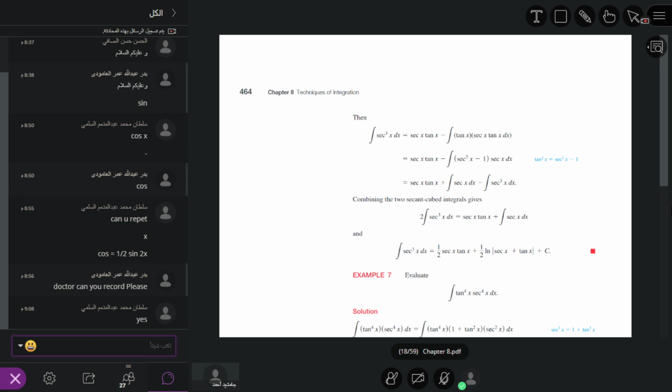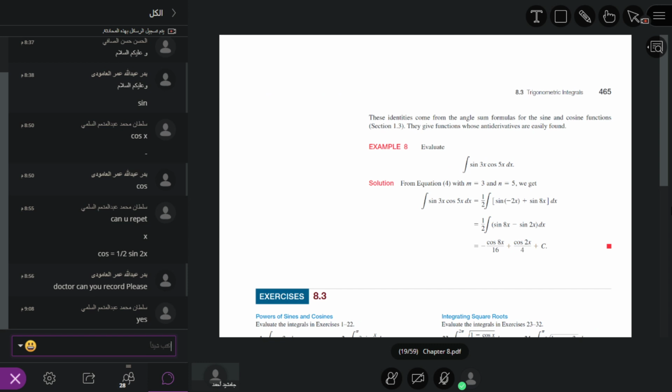Now what is the property of the sine? It takes the negative outside. So thus we get minus sine 2x plus sine 8x.